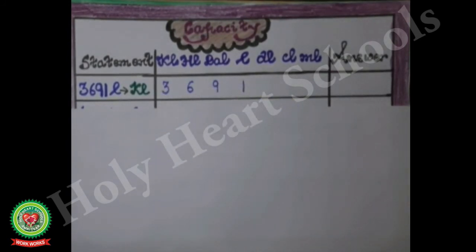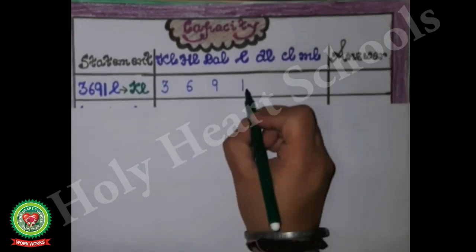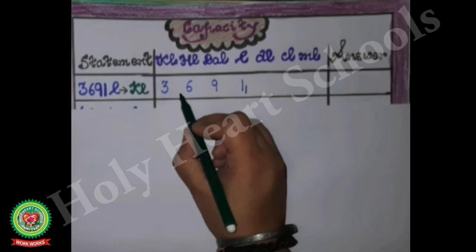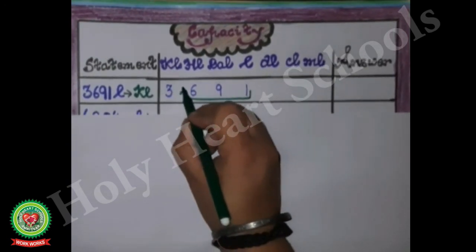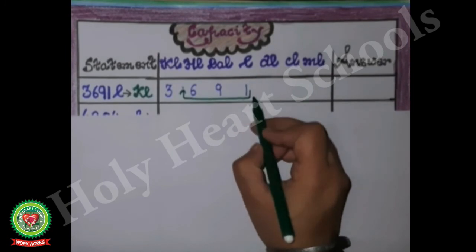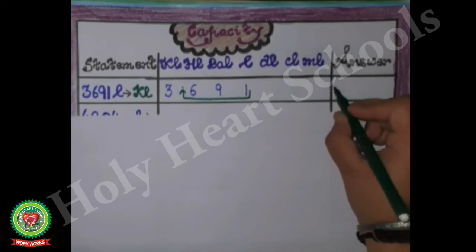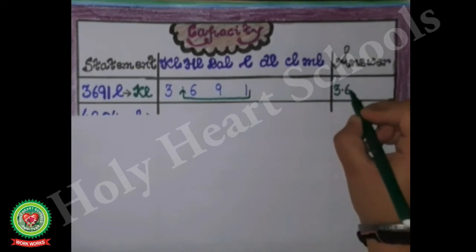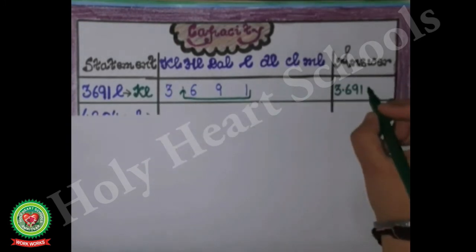Now, we have to convert this liter into kiloliter. That means we will move from liter towards kiloliter. The statement was given in liters, so we are moving towards kiloliter. What is the answer? 3.691 kiloliters.